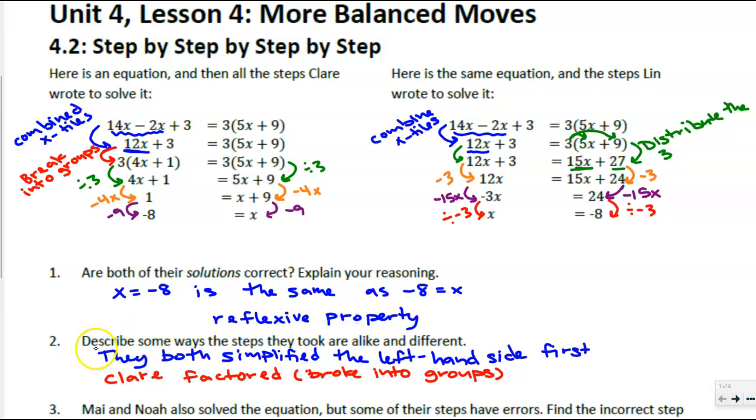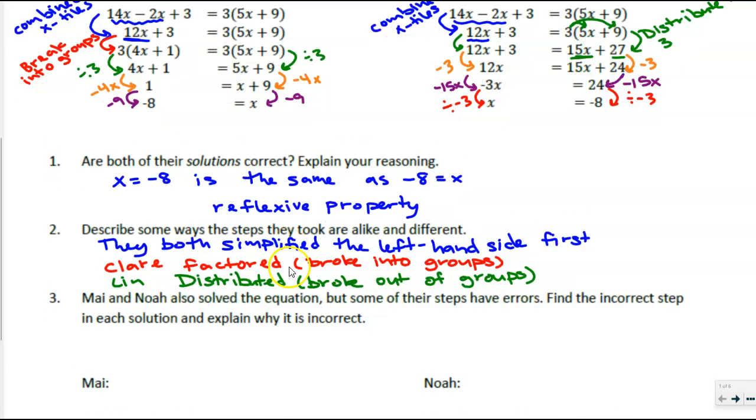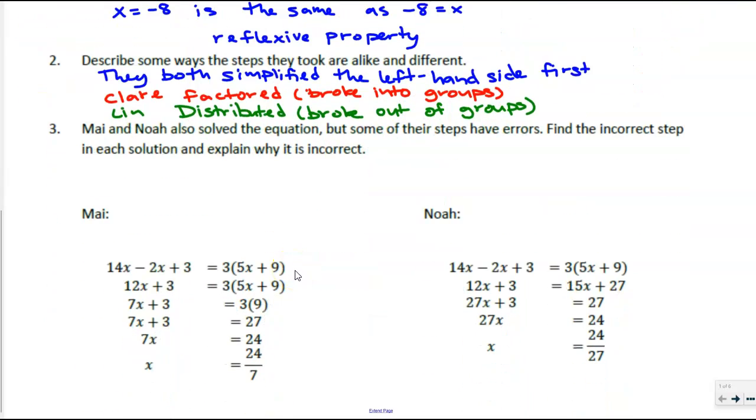While Lynn distributed and got them out of groups. All right, we've now seen two ways to solve this equation correctly. We're going to look at the work that we see below from Mai and Noah.